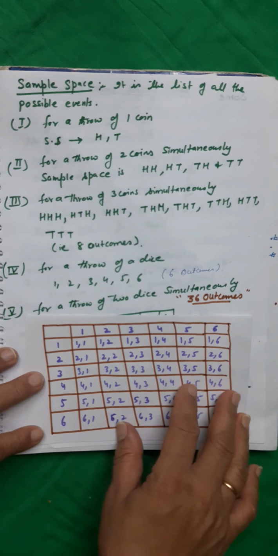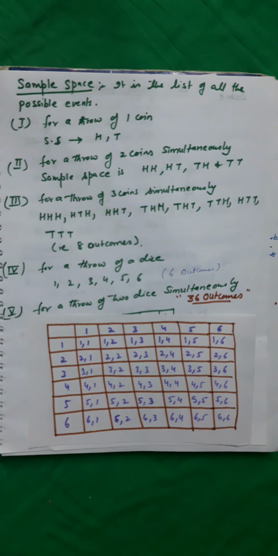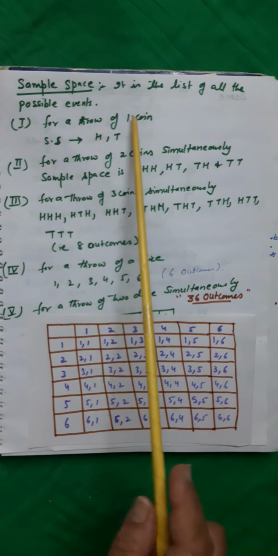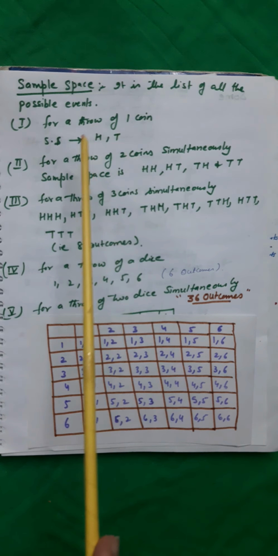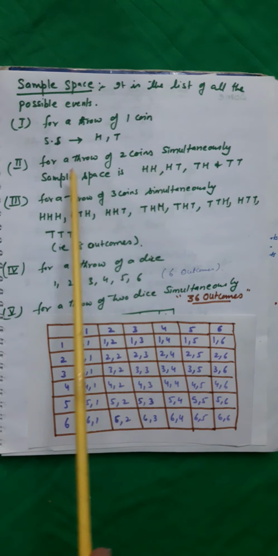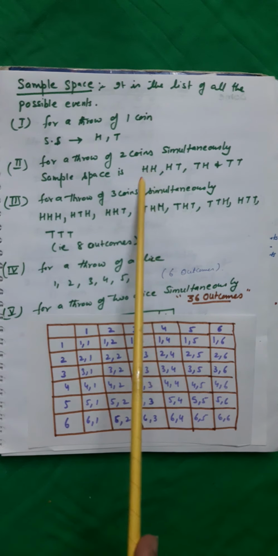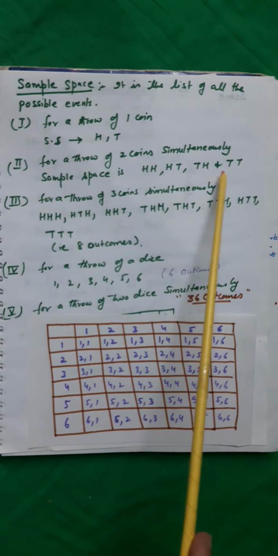Now, what is sample space? Sample space is a list of all the possible events whenever we are throwing a coin, or throwing 2 coins, or considering a certain happening. For a throw of 1 coin, the sample space will be H and T. For a throw of 2 coins, the sample space will become HH, HT, TH or TT.